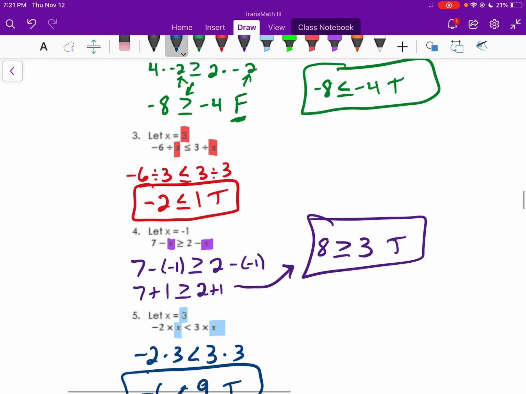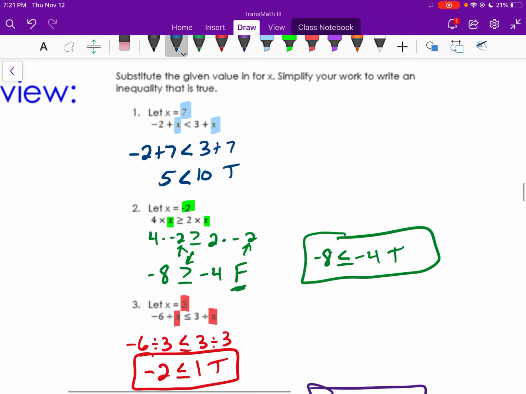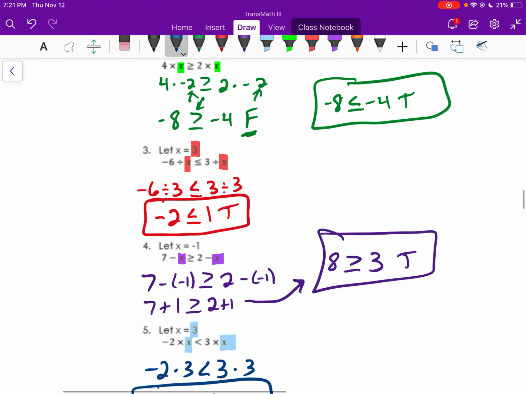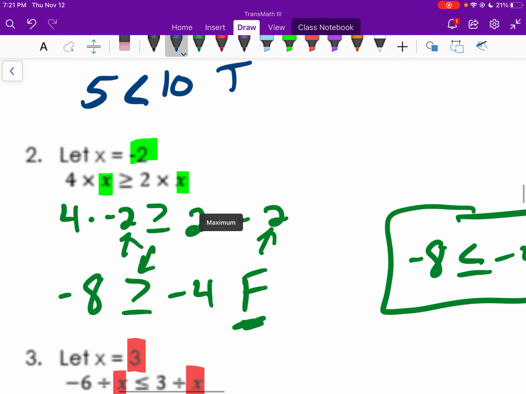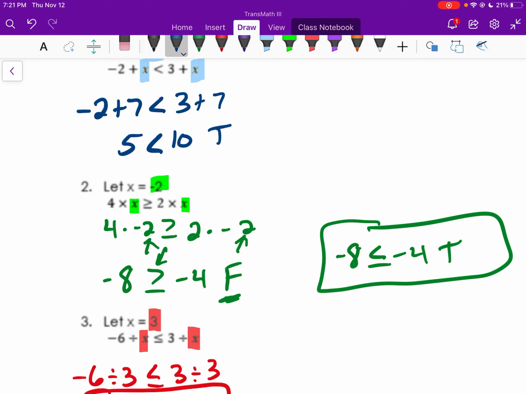Okay, so out of those 5 questions, there was only that one problem that we had to flip the sign on. That was due to the fact that x was a negative 2. We multiplied both sides of the inequality by a negative value. And when we do that, that's a case where we have to flip the sign in order to make that statement true.